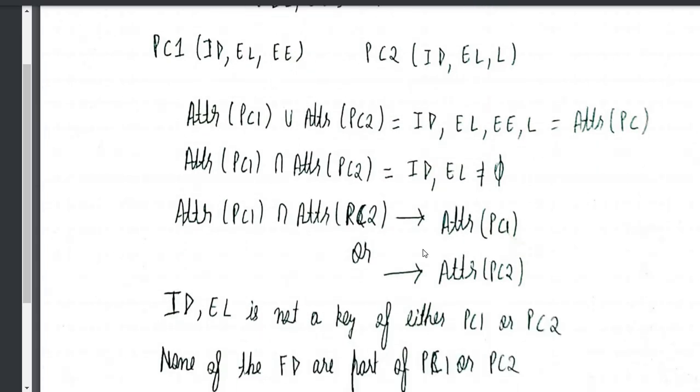But for the third condition, which says that whichever common attribute comes, it should be a key of either the split relation 1 or 2. That means for our case, the attribute which we get in common should be a key of either PC1 or PC2. But here we can see that ID and EL, that is factory ID and emission level, is not a key of either PC1 or PC2, that is pollution control 1 or pollution control 2.